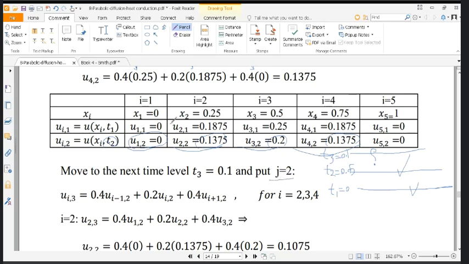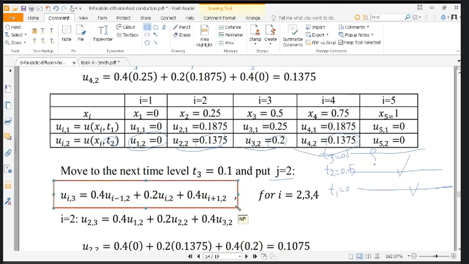When we put j equal to 2 we have this formula for the third time level. And we should use this formula only for I equal to 2, 3 and 4.